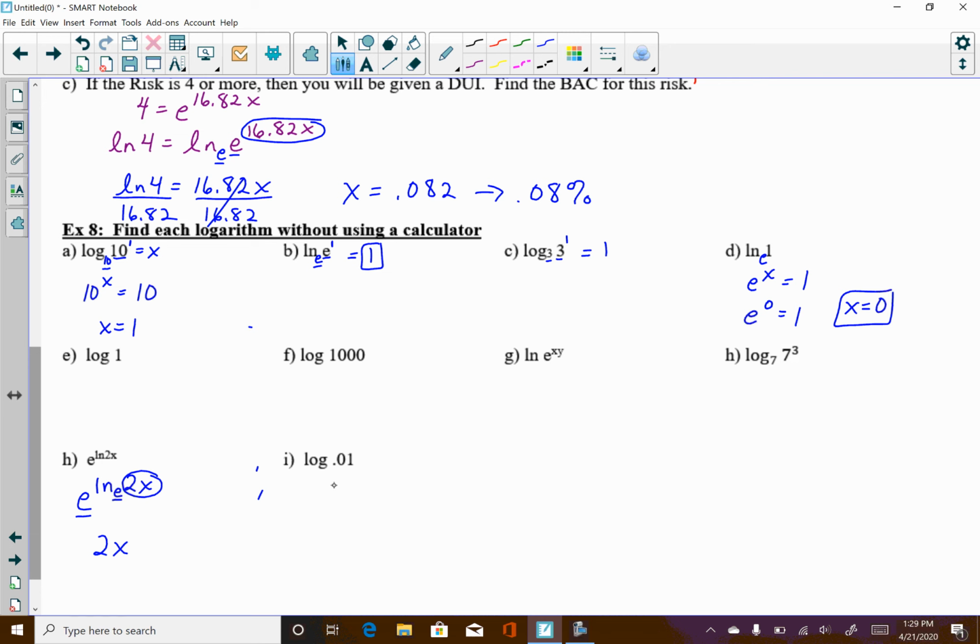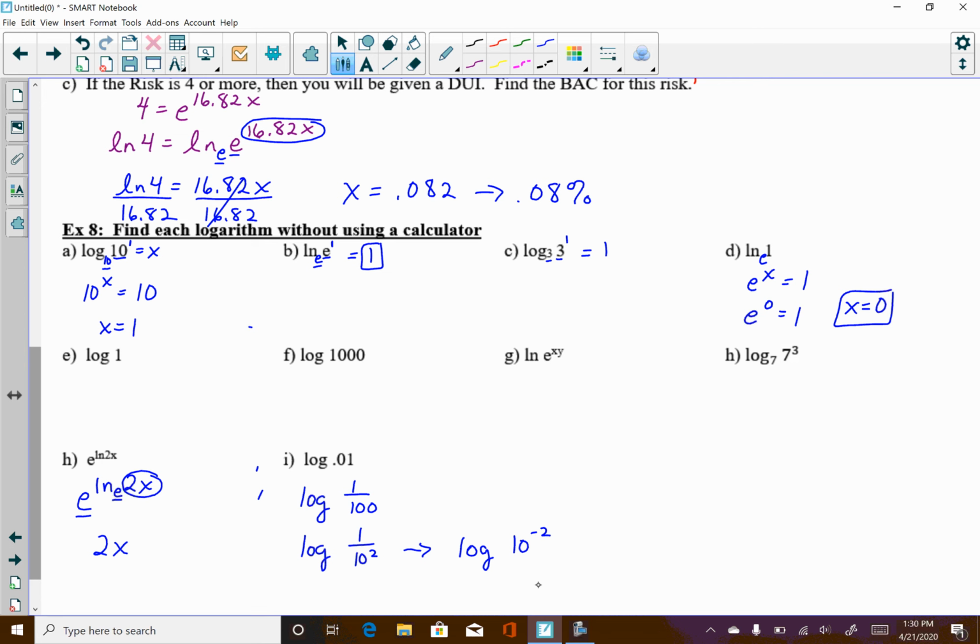And then lastly, in letter I, just might be something you might not think about. 0.01. What's another way you could write that? If you said that out loud, that would be read as 1/100. I could think of that as the same as 1/10 squared, which is the same as 10 to the negative 2.